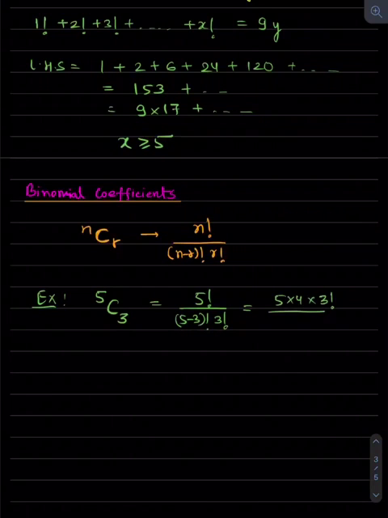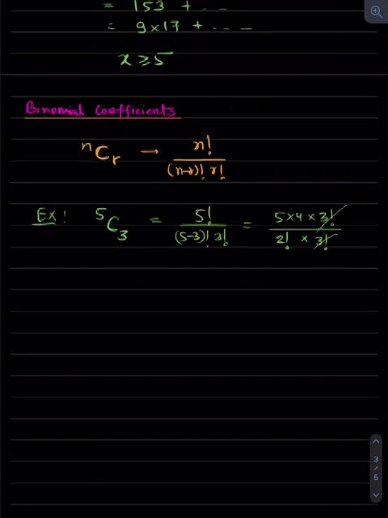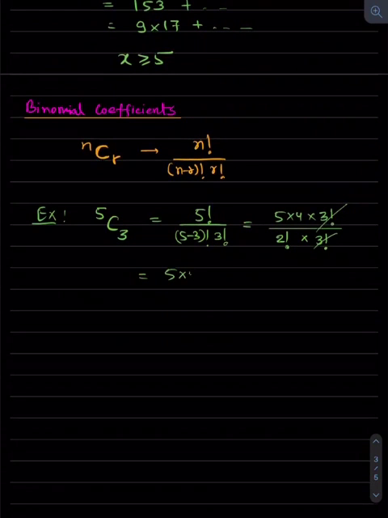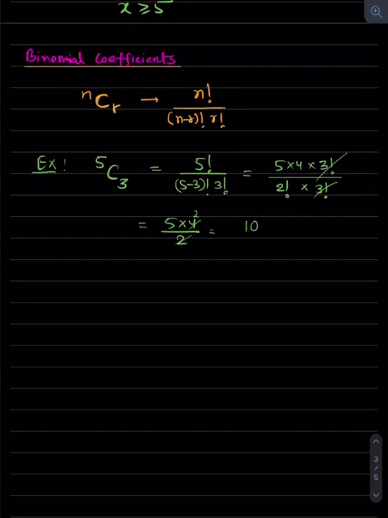You can write it like this. We discussed it already. And what is 5 minus 3 factorial? This is 2 factorial into 3 factorial. 3 factorial cancels. Now this is 5 into 4 by 2 factorial, whose value is 2. So this is 10.